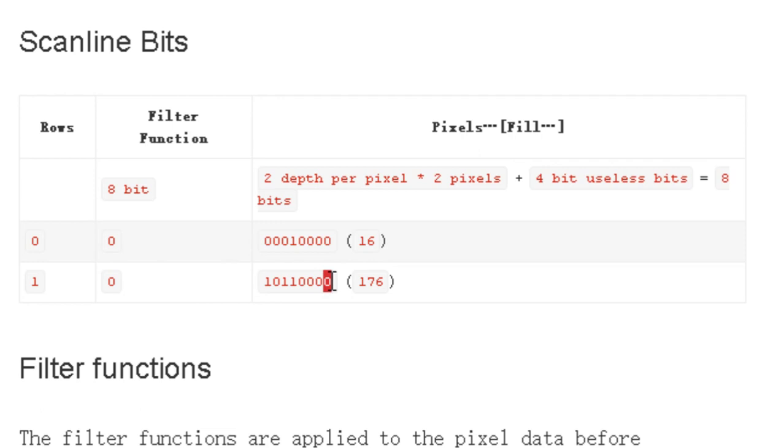So we can go 1, 2, 4, 8, and we have 16 and 32. 16 plus 32 plus 128 must be 176.